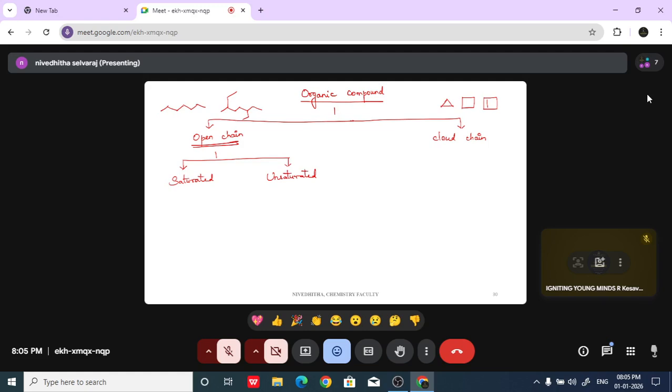So in an organic compound, if there is any double bond or triple bond, then that is considered to be unsaturated. If the compound has only sigma bonds, then that is saturated. Okay. Why is it called saturated? What is meant by a saturated compound? I'm talking about the literal meaning of saturation.